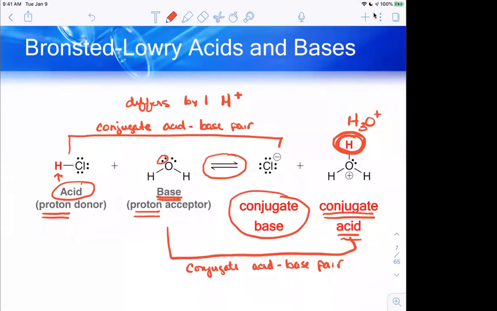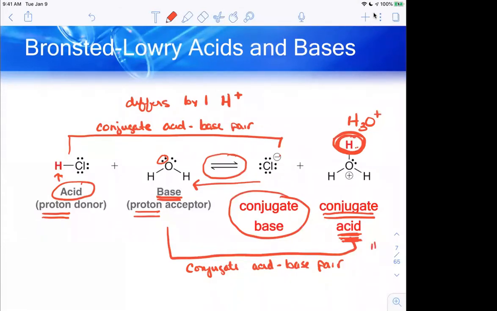In the forward direction, HCl is acting as the acid and water is acting as the base. In the reverse reaction, which is going in that direction, H3O+ is acting as the acid. This is now donating the proton to the Cl minus, which is forming HCl and water. So my conjugate acid is reacting with the conjugate base.